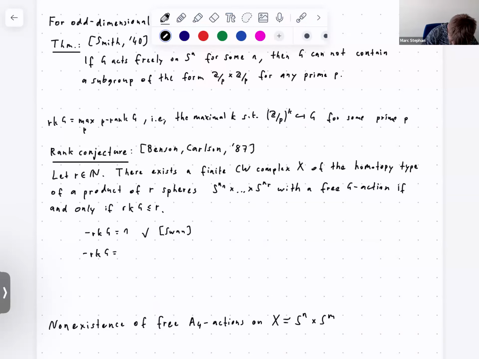And when the rank is 2, then we know that the conjecture holds for p-groups, by work of Alejandro Adem and Jeff Smith from this century. But it is already open for simple groups of rank 2.